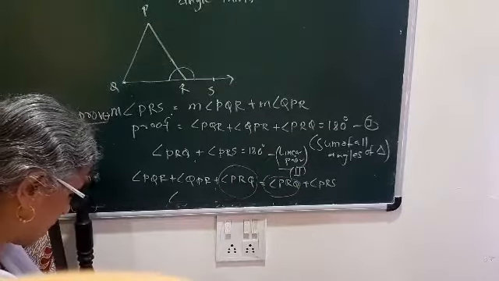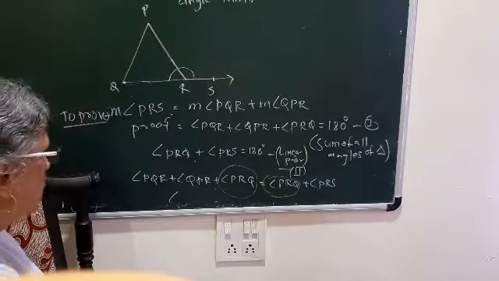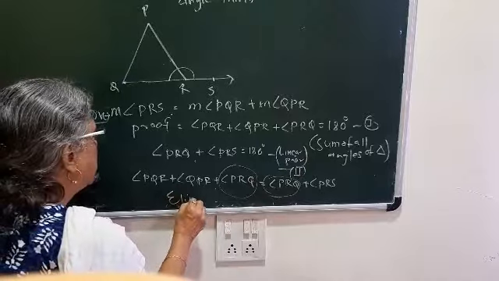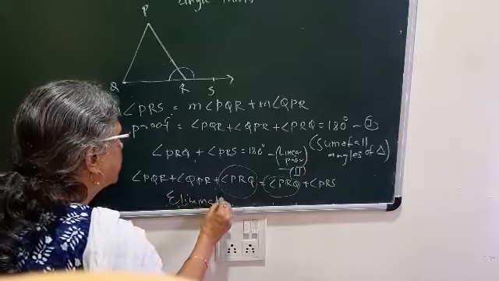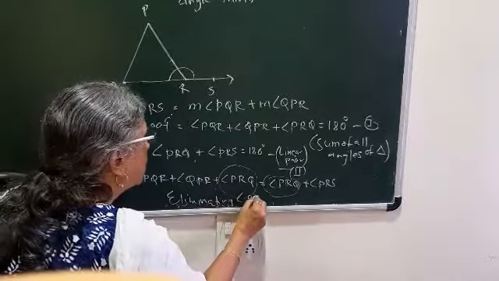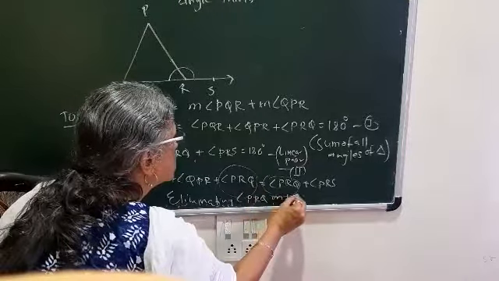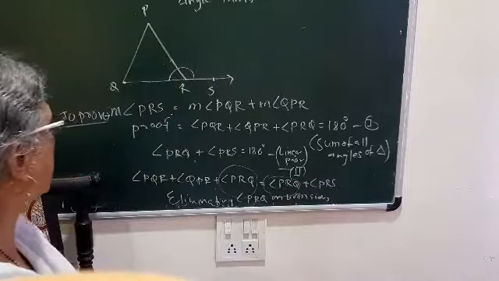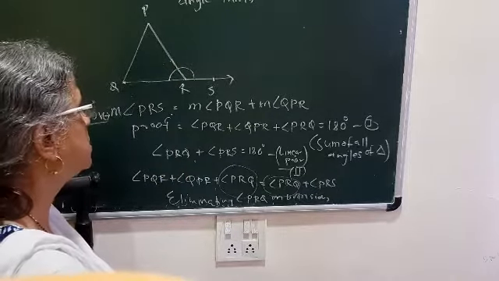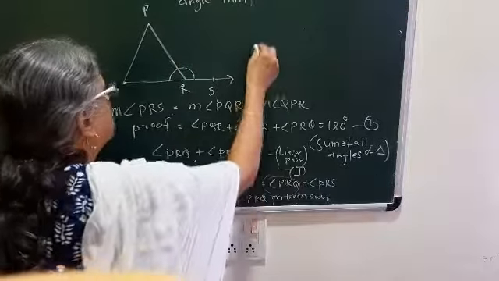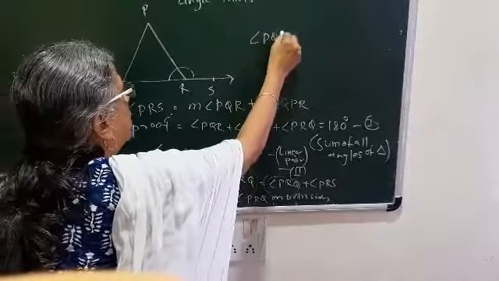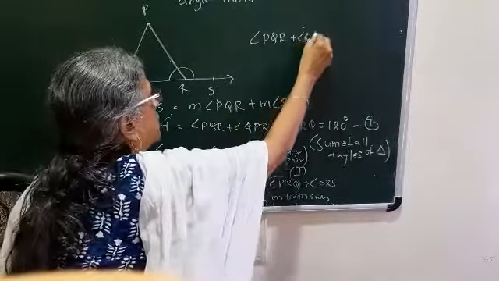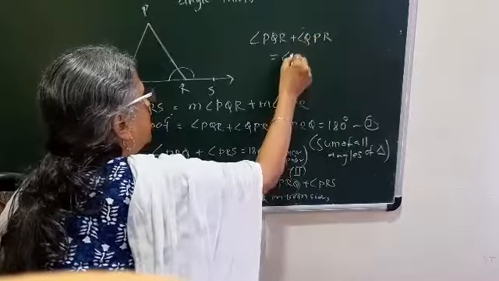Don't show cancellation. You write here: eliminating angle PRQ on both sides. What will we have? Angle PQR plus angle QPR is equal to angle PRS.